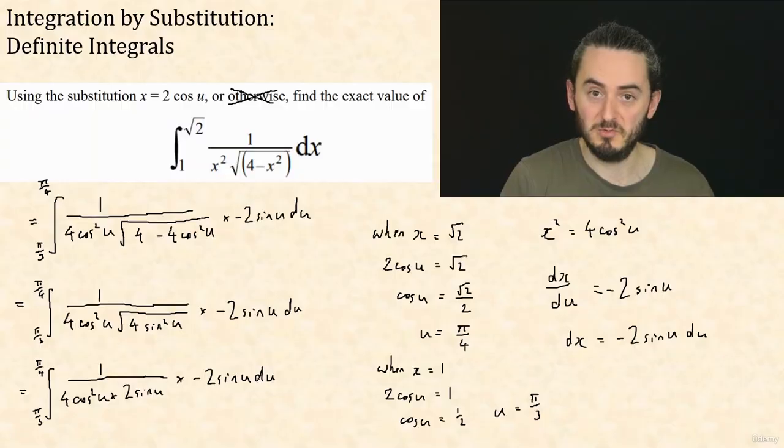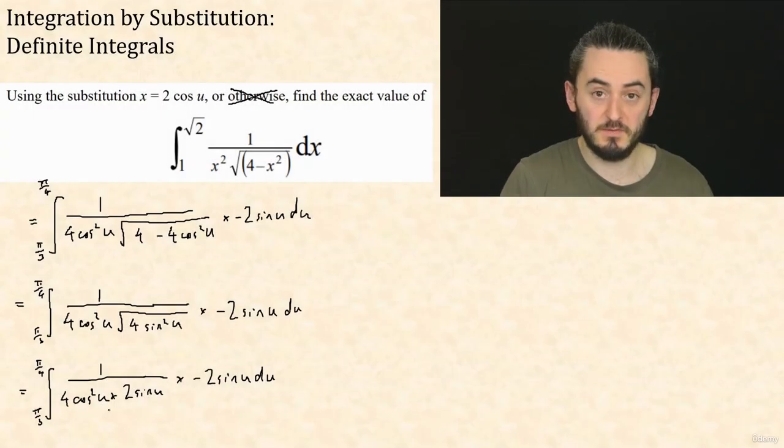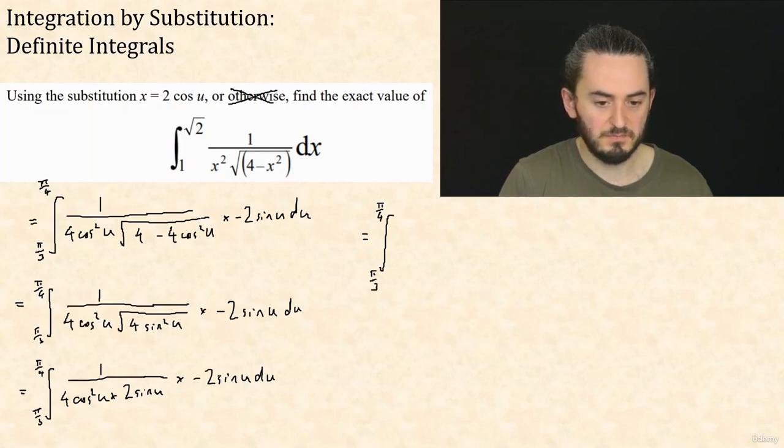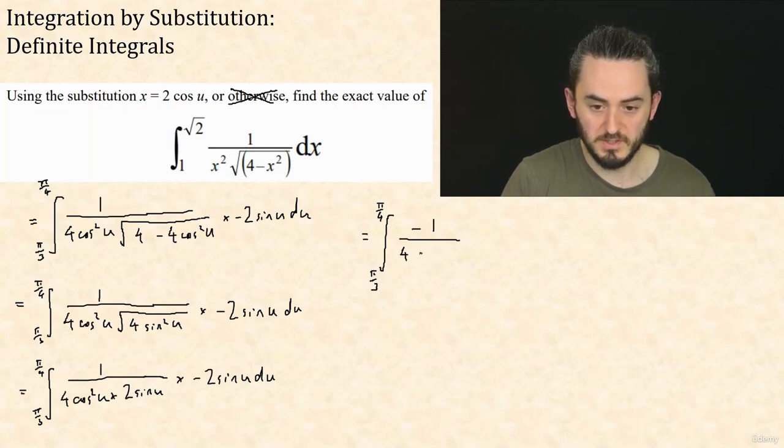Okay, I think we need a bit more room. Well, now there's a lot of cancelling we can do because I've got sine u and sine u, so they're going to cancel. So I'll just continue this going here, and it's between pi over 4 and pi over 3. So the sine u cancels with the sine u, the 2 cancels with the 2, and all I'm left with is minus 1 over 4 cos squared u du.